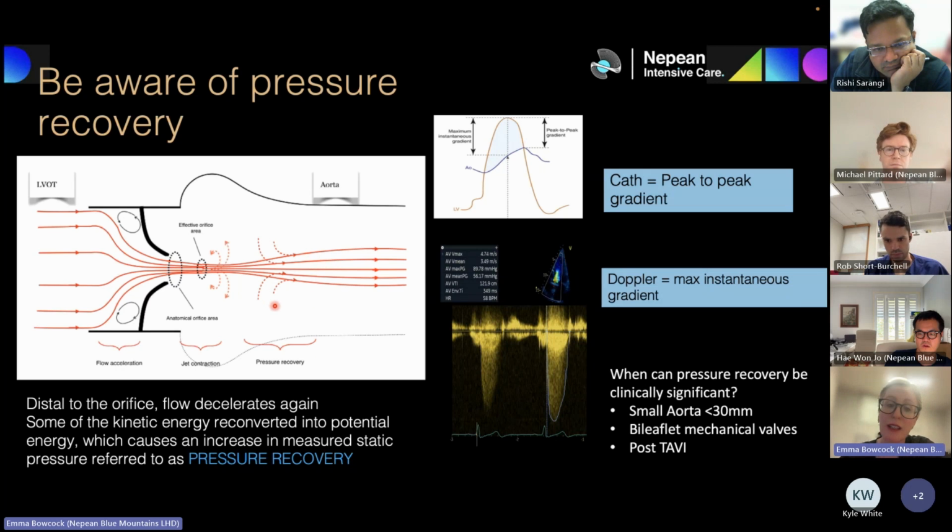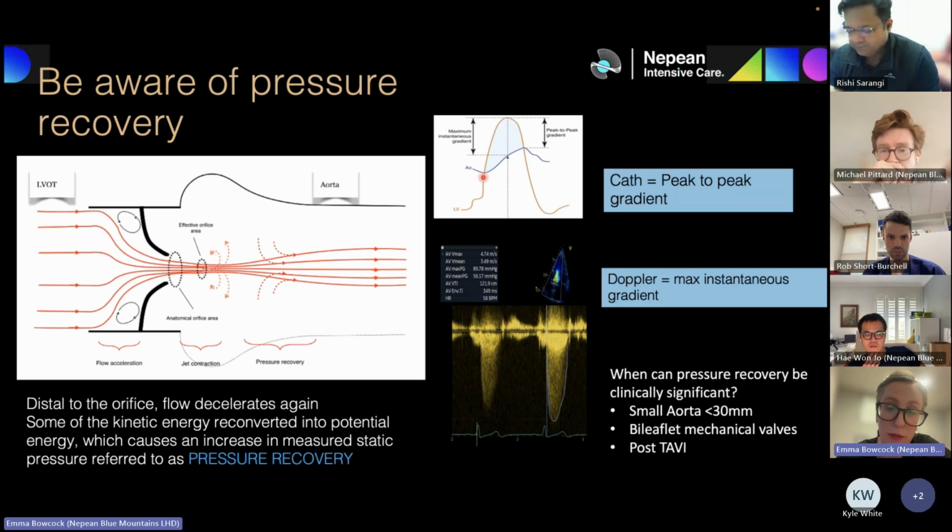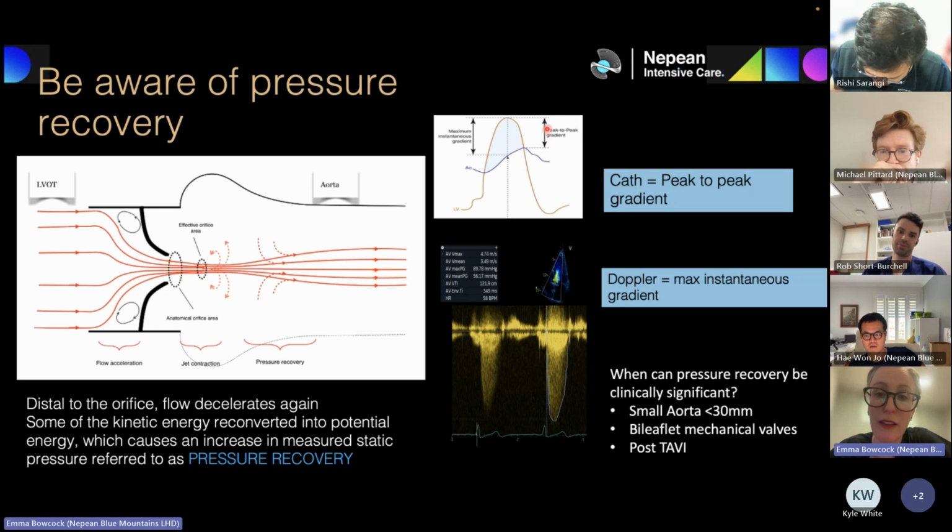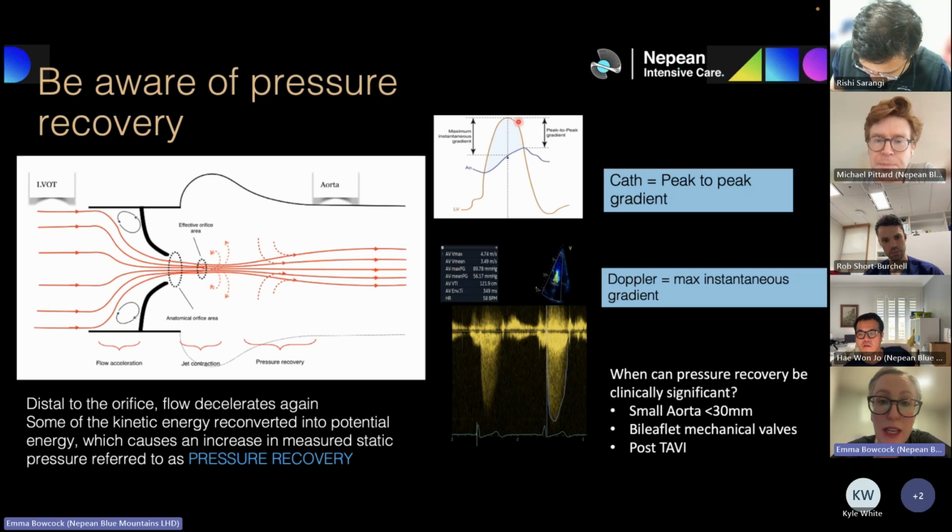What that means clinically is that if we cath someone, the cath gradient, so this is our LV pressure time graph here. When the cardiologists do cath, they would measure the peak to peak gradient. So they measure from the peak of the aortic pressure waveform to the peak of the LV pressure.